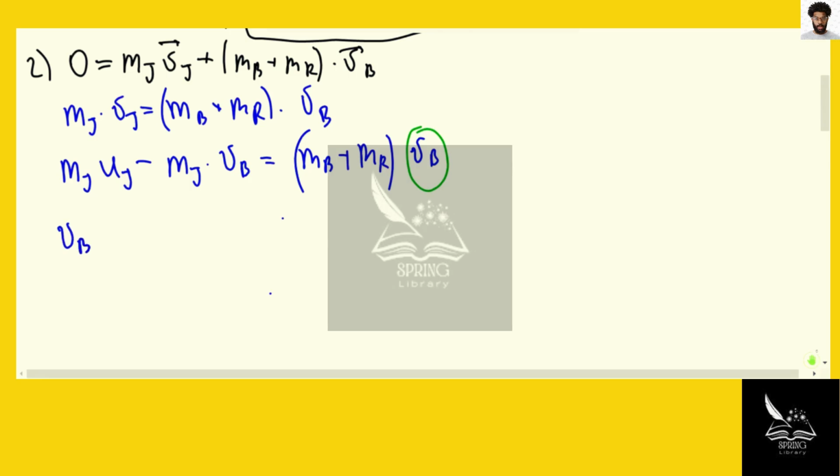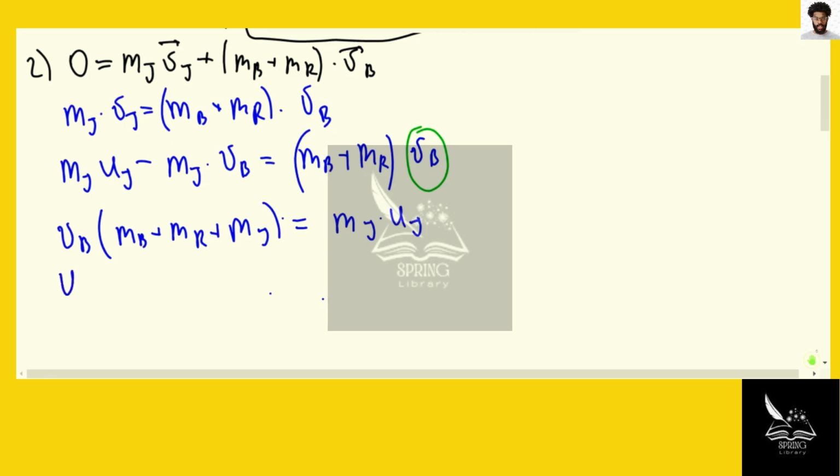So speed of the boat multiplied by mass of the boat plus mass of Romeo plus mass of Juliet equals mass of Juliet multiplied by speed of Juliet versus the boat.